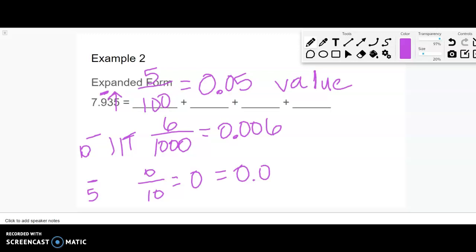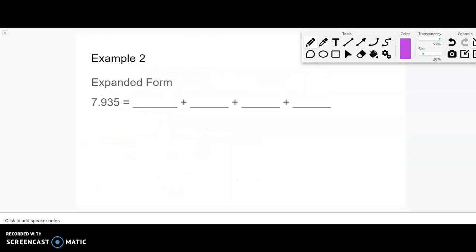We can use these values to write expanded form. So expanded form, we're really just taking the value of each number and writing it separately. So we start with our 7. Its value is 7 wholes, just 7. Then our next one is worth 9 tenths. We could also write it as a fraction.